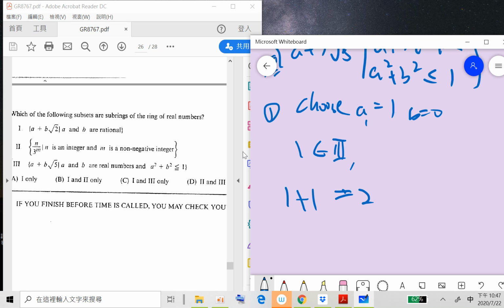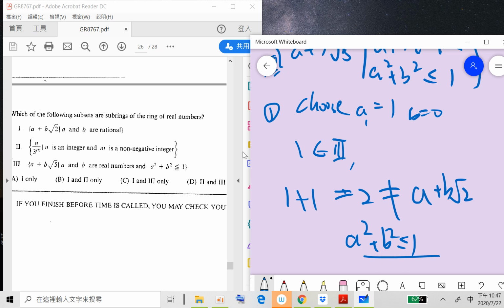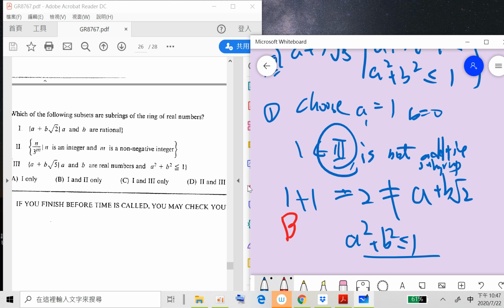So 2 cannot be written in this form, since a squared plus b squared is more than 1. So basically, the third set is not an additive subgroup. So the answer is the first one and the second one. The answer is B.